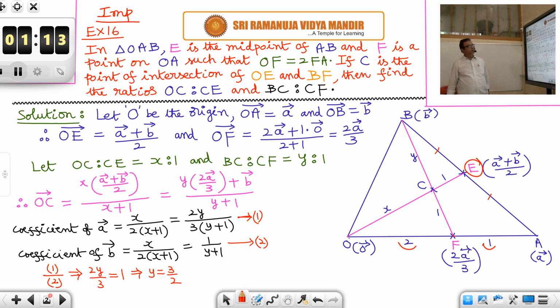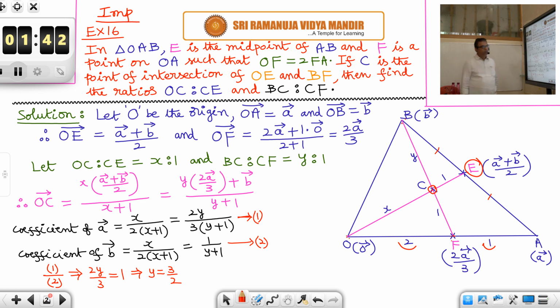OF by FA is 2:1. Now if C is the point of intersection of OE and BF, O and E are joined, B and F are joined, so they are intersecting at the point C. Then find the ratios OC is to CE and also BC is to CF.